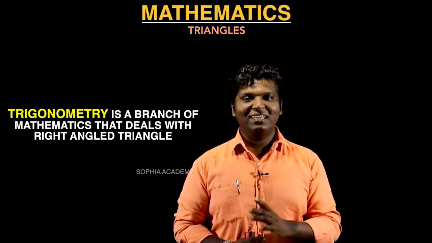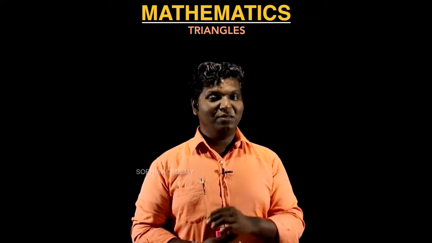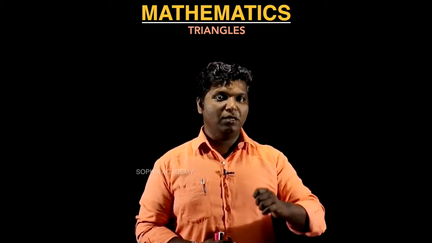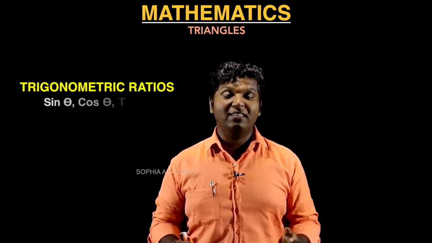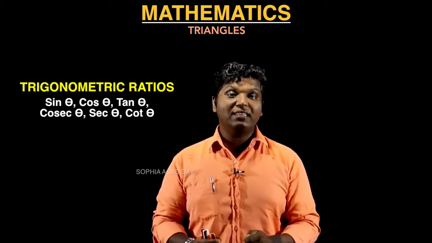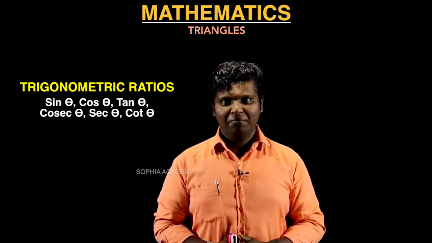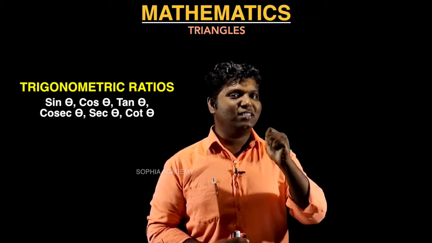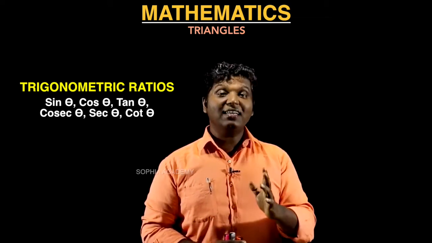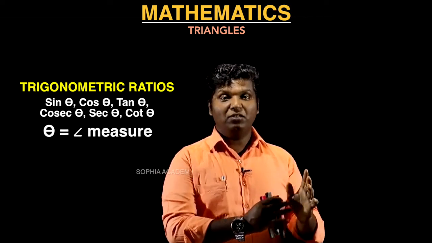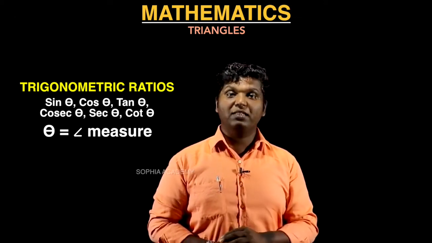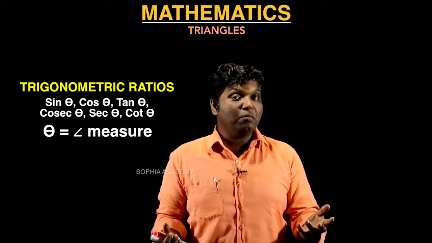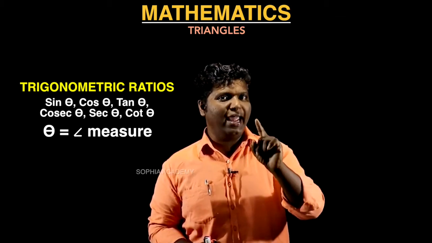So here goes the starting of the chapter trigonometry. First of all, you must have studied the trigonometric ratios such as sine theta, cos theta, tan theta, cosec theta, sec theta and cot theta. So what does this theta mean? This theta is actually the angle measure. In algebra, when we don't know a particular number, when an unknown number is given, we used to represent it by x.